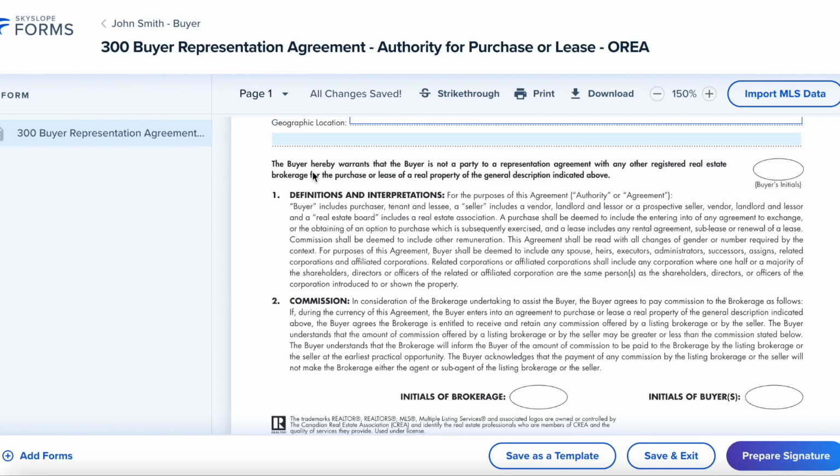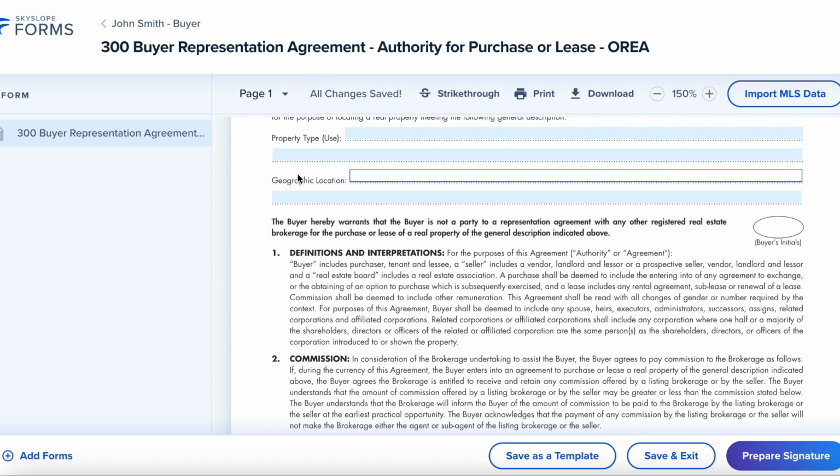It's very important. This is just saying that the buyer is not in another representation within the same geographic location and property type use. So if you have another agreement in a different area with another agent, that's fine. However, you cannot have two buyer representation agreements with two separate agents within the same area.